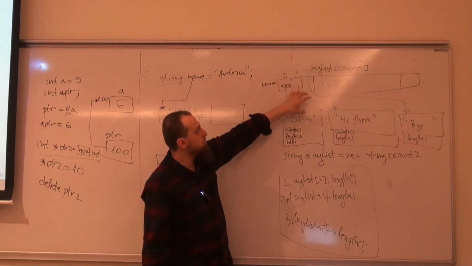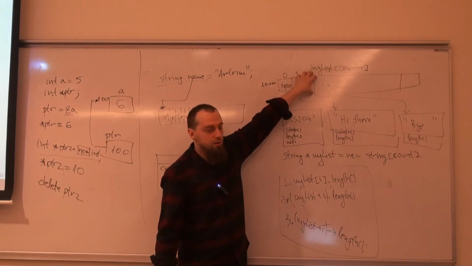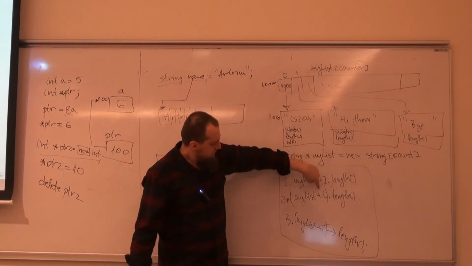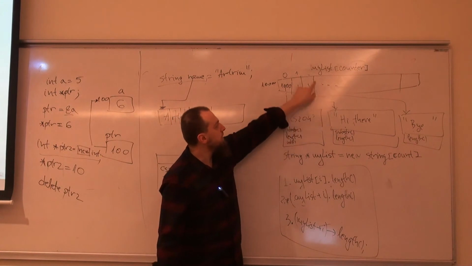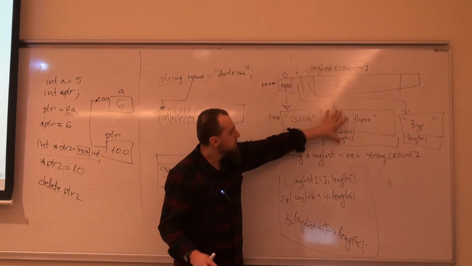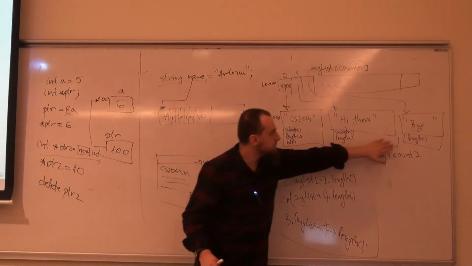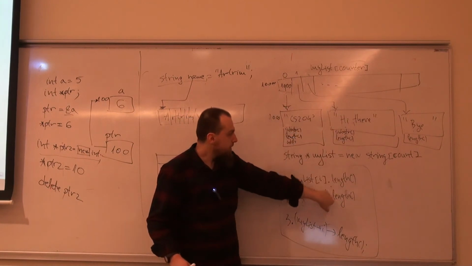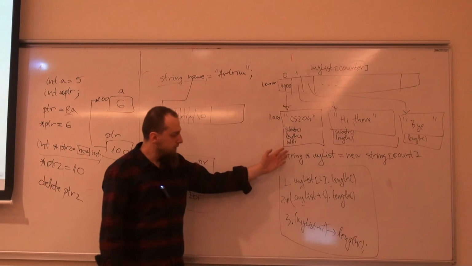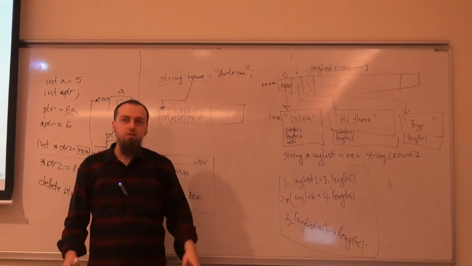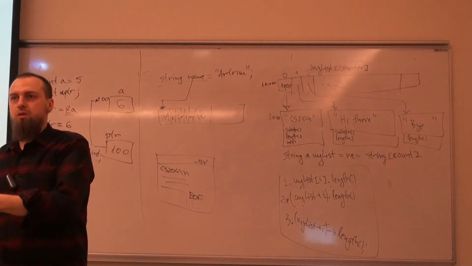If I is 2, then I'm accessing this one. Star, if this guy is, let's say, 1010, 1100, and when I say star 1100, it's this guy here. Dot length is the length of this one. Those three syntaxes do the same thing, and we are going to see it in this example.